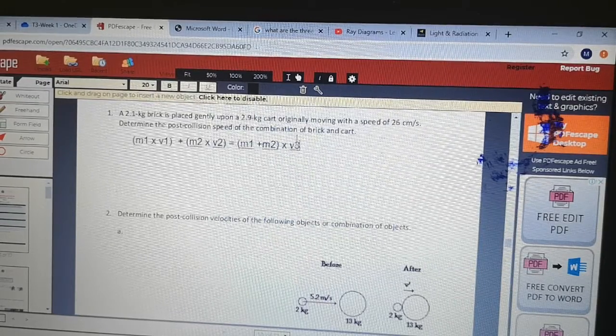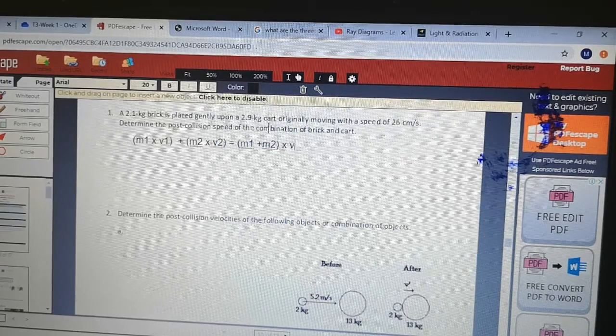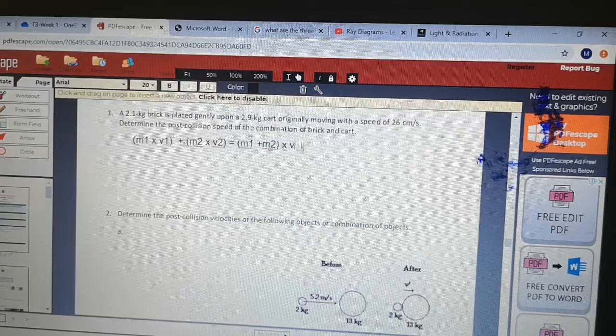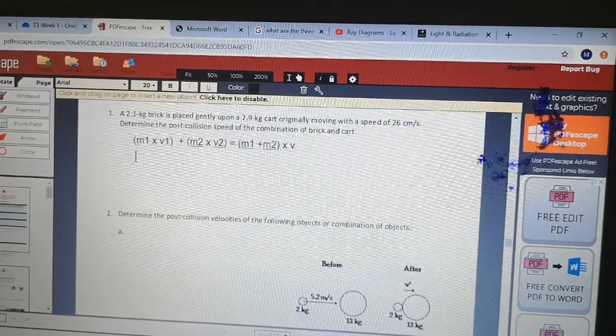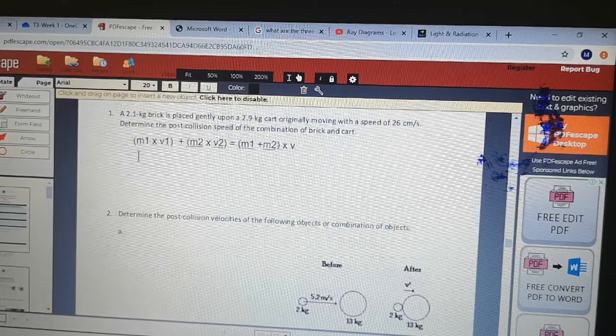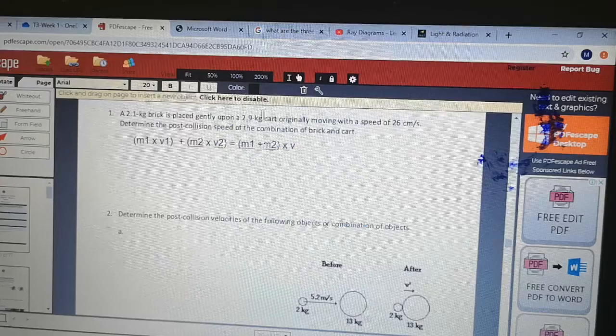Always try and find V3 or V. I'm just going to call it V, doesn't matter. The point is it's not the same as V2, so we shouldn't call it V2. Alright, so let's look at the numbers in the question. We've got a brick and a cart.